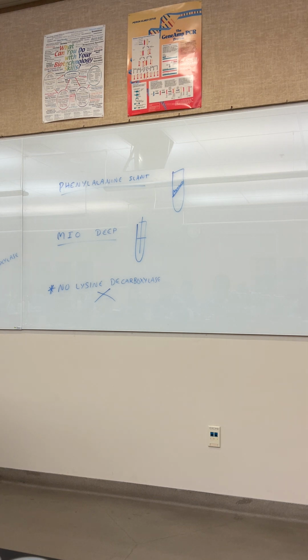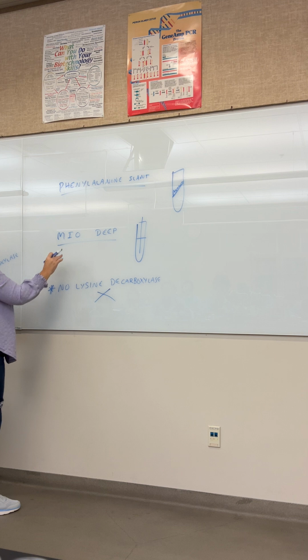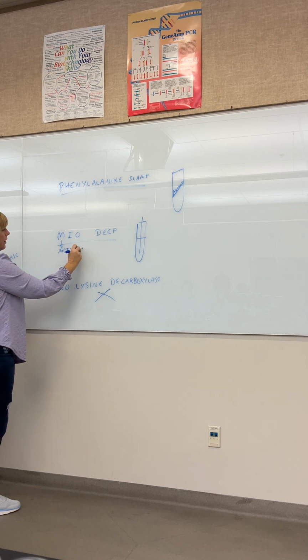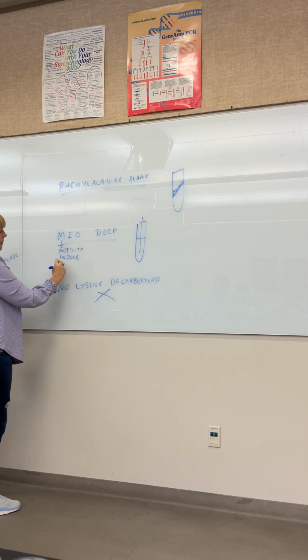Now, the MIO is going to actually be a really cool test for us because it's a 3-for-1. This test is going to be checking for motility. It's going to be checking for something called indole, which we'll talk about next time, and something called ornithine.